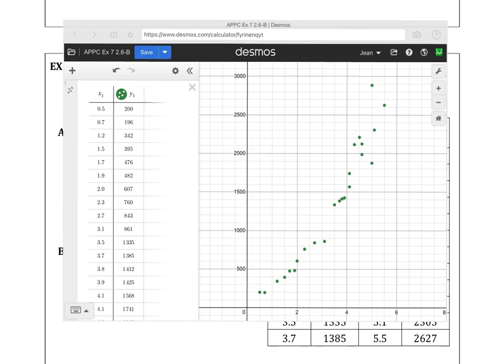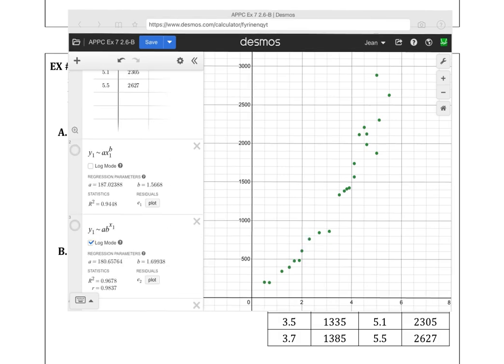Next, we want to be able to write a power function as a regression model. So let's think about that. To get a power function, that would be y equals ax to the b. So I need to type in y sub 1 and put the tilde mark because that's going to be a regression equation. Y sub 1 is approximately ax sub 1 to the b power.